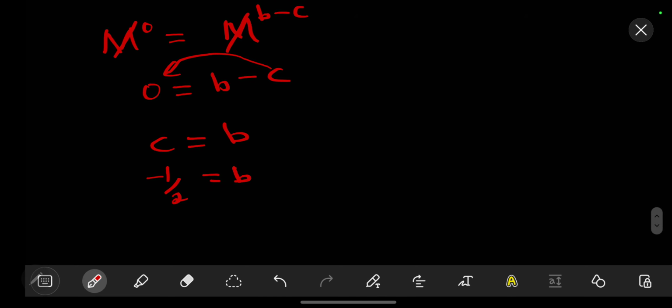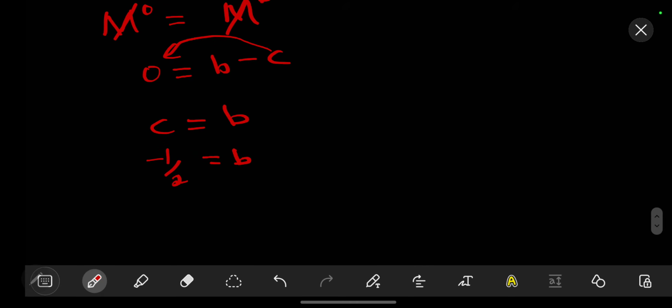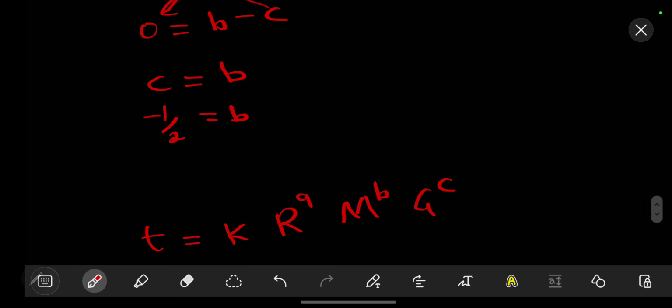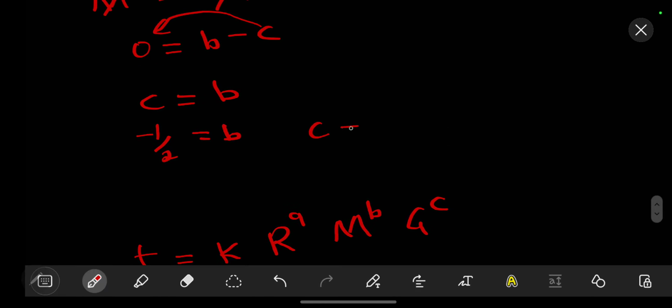Now for the equation that we came up with, our t should be equal to k, then we have our r to the power of a, m to the power of b, and our g to the power of c. So we have found our values. Our c is equal to negative half, our a was found to be 3 over 2, we can replace.